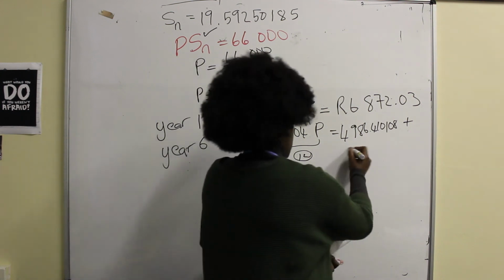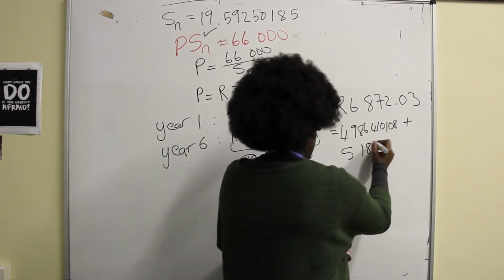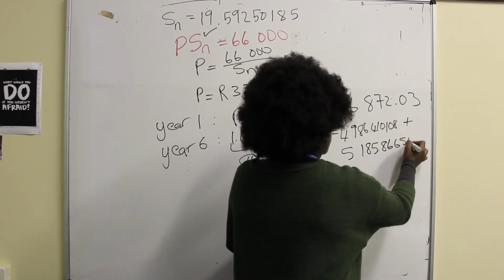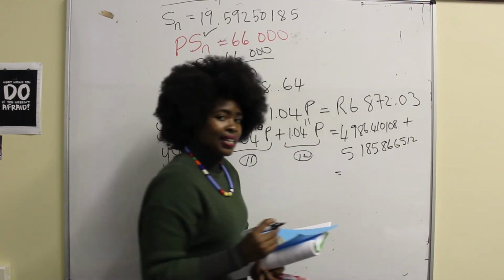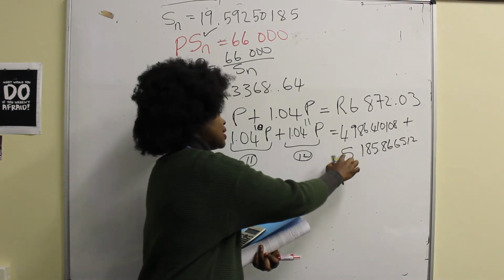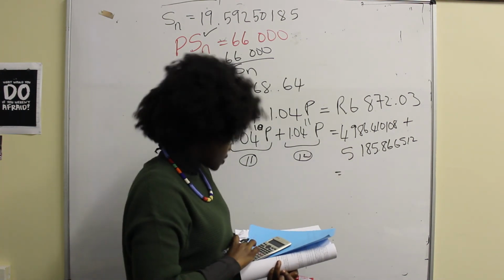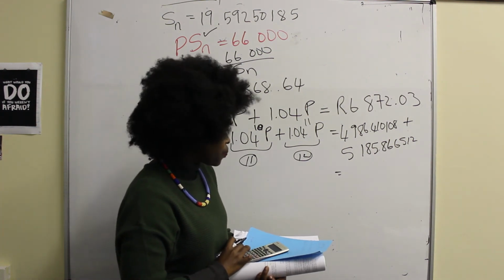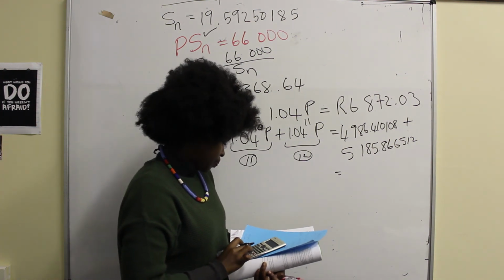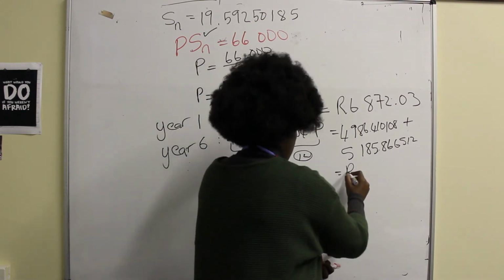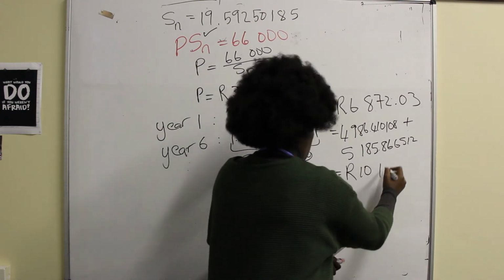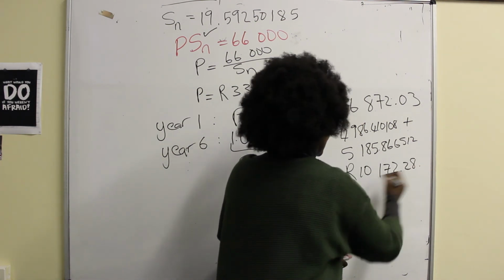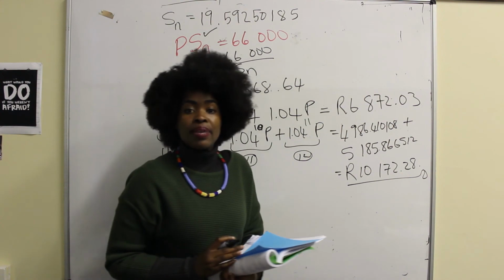So I get 5,185.866512. Then in the end I add this one and that one, so plus 4986.410108. The answer I get is 10,172.28. We are done. Thank you.